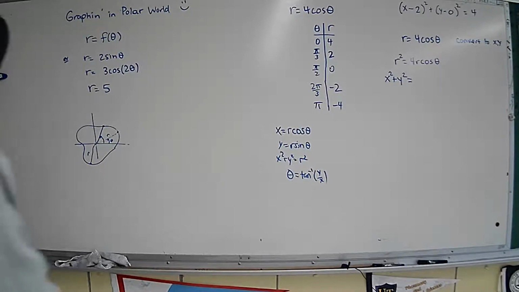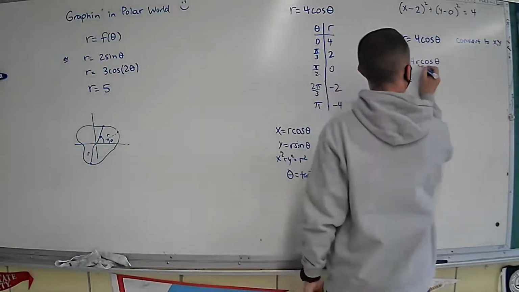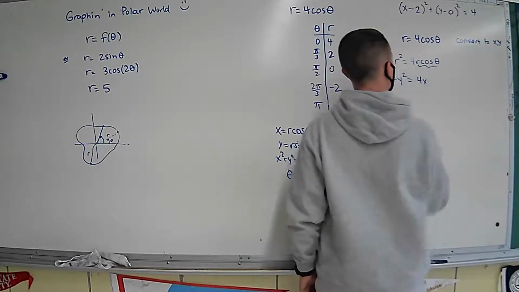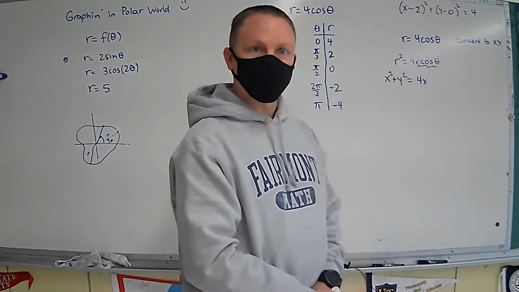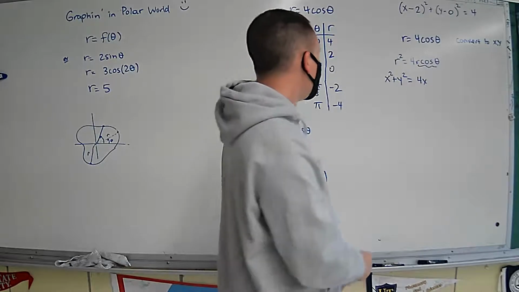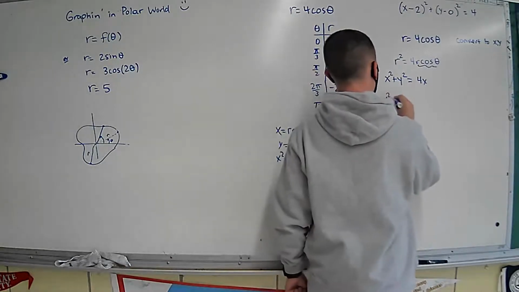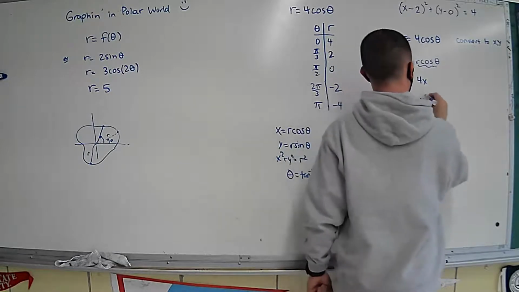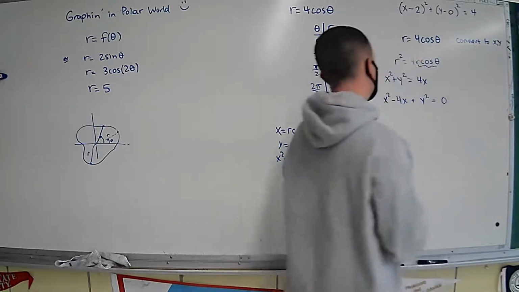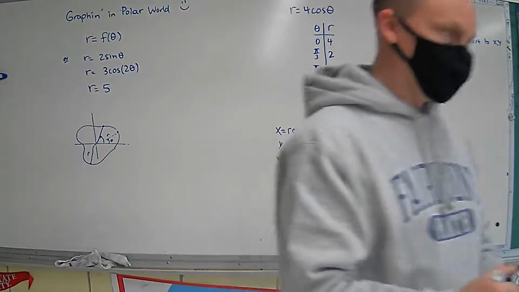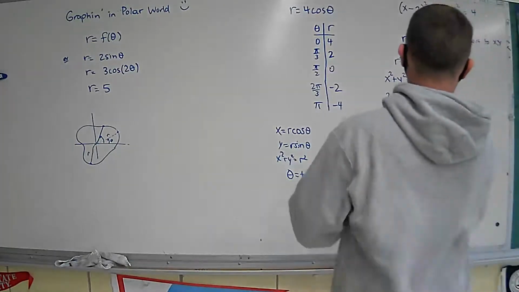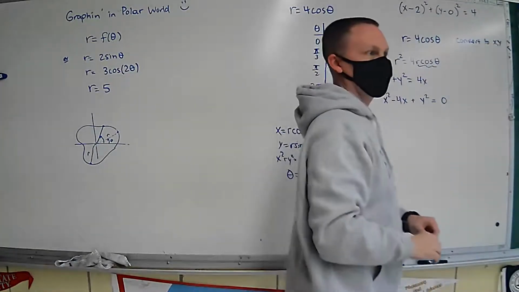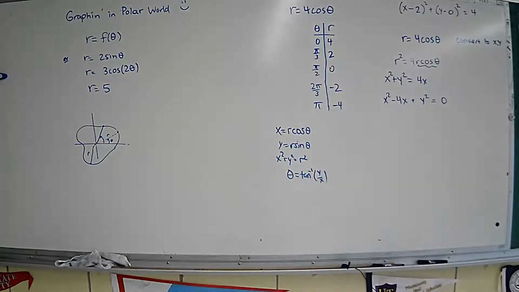Four x, because r cosine theta is equal to x. So x squared plus y squared equals 4x. Is this equal to that? You disagree with that? Yep, for sure.